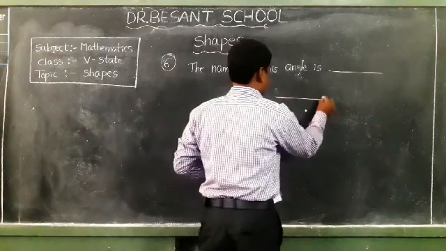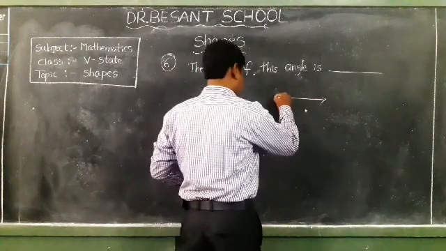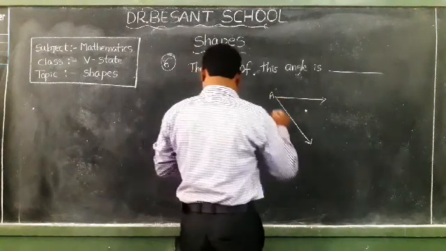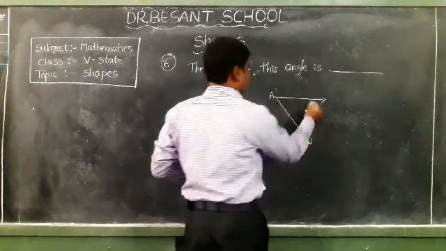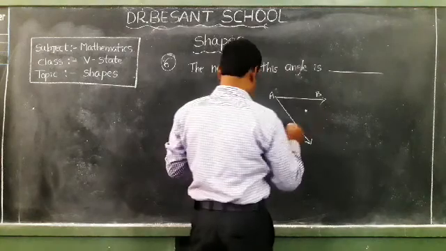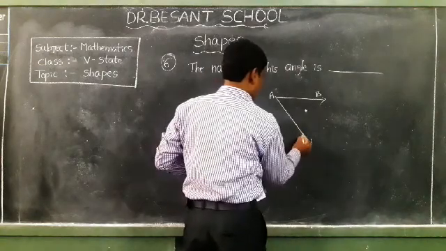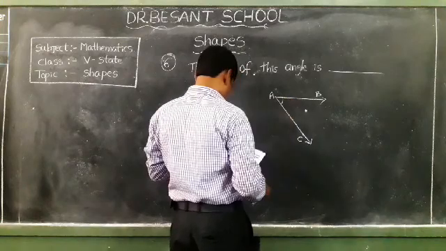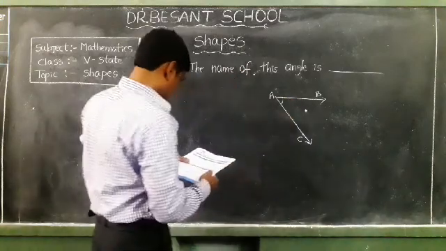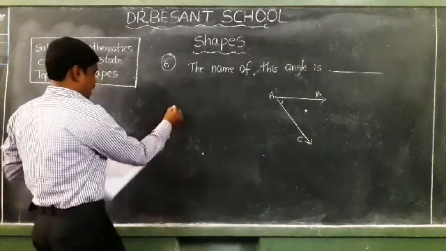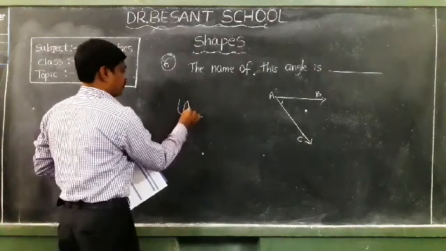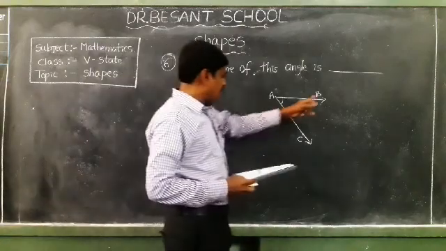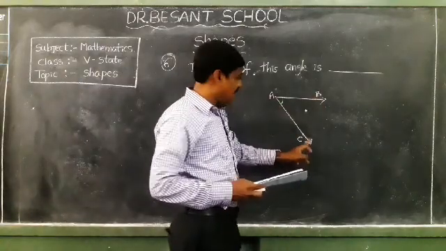The figure is given like this. Option A, angle ACB. See, this angle we can say angle BAC or angle CAB.